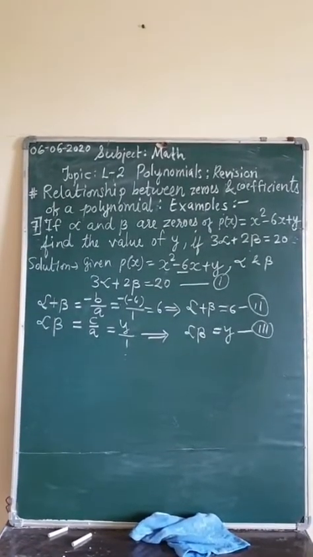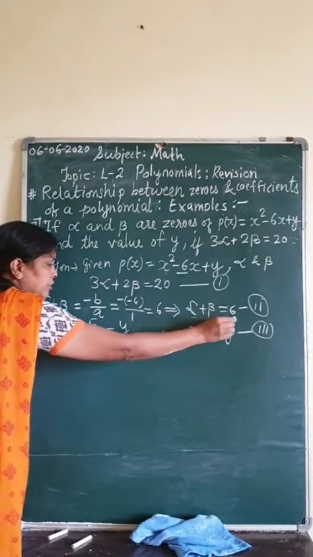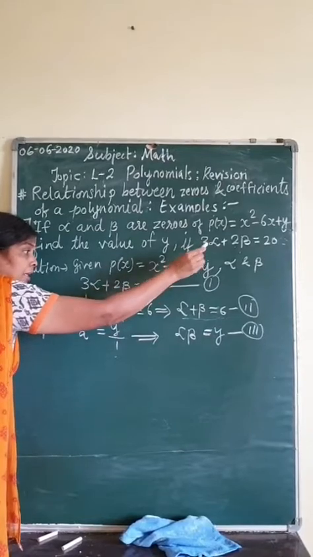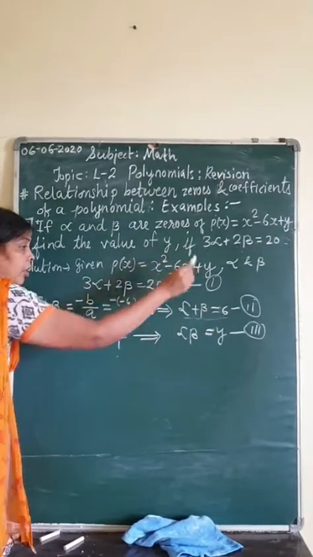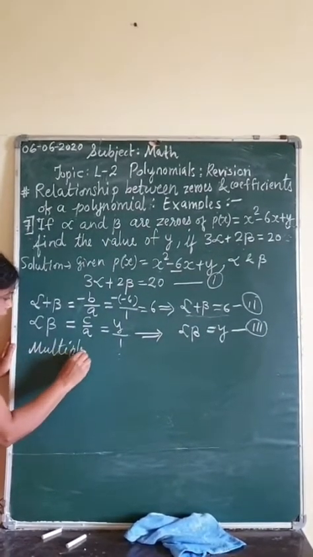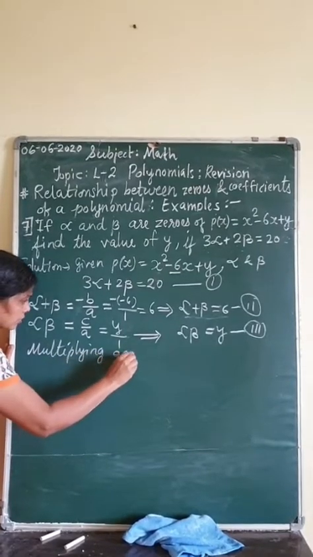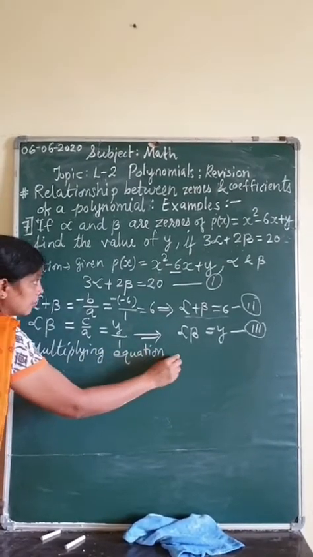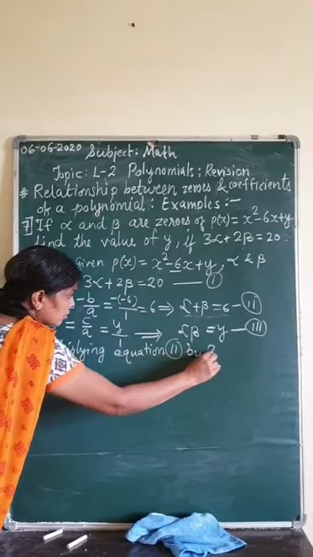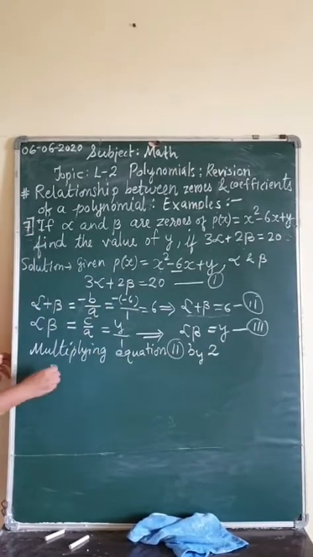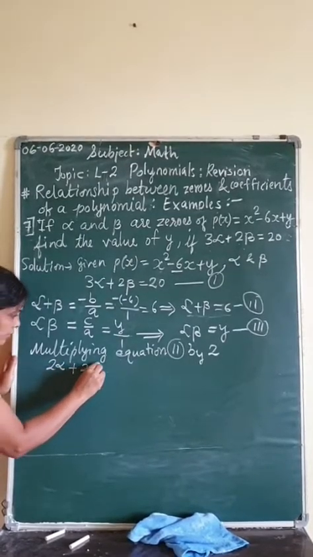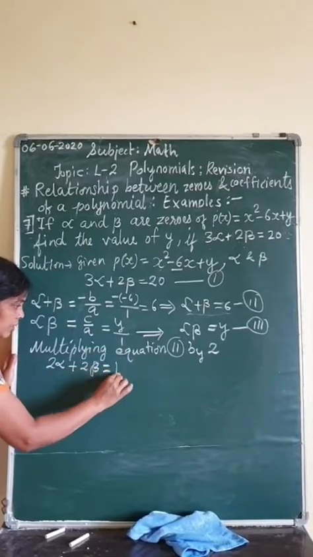Now what next we have to do? We have to multiply this equation by either 2 or by 3. You can multiply this equation by 3 or by 2. So let's multiply equation 2 by 2. So after that, what we get? The equation here is 2 alpha plus 2 beta, that is equal to 6 twos are 12.